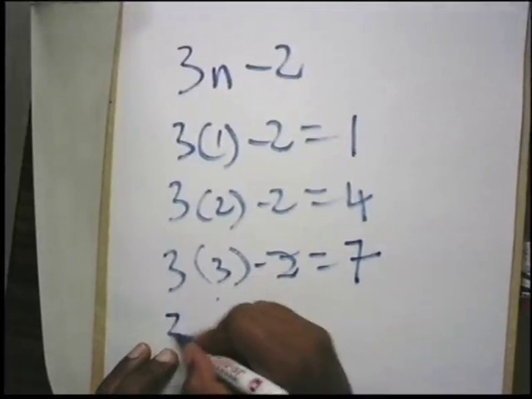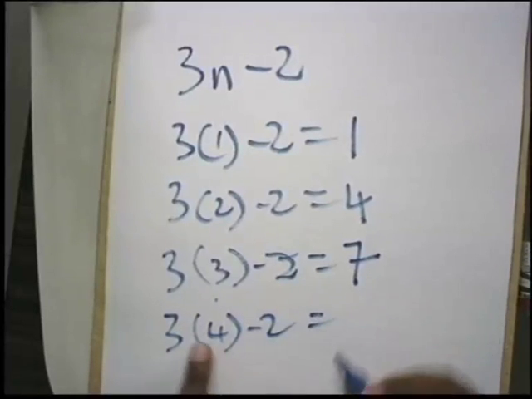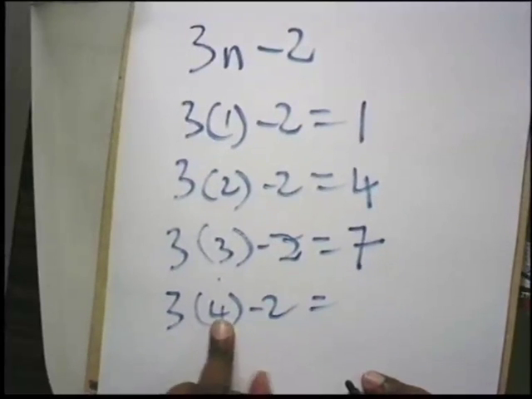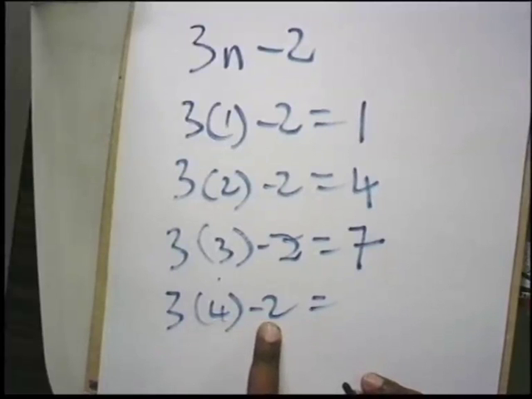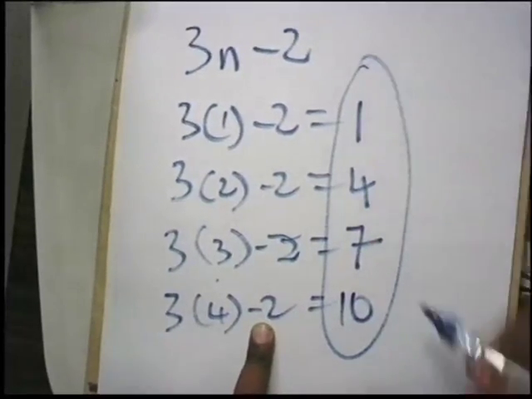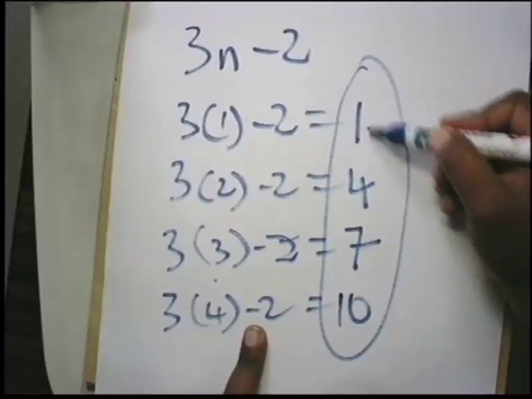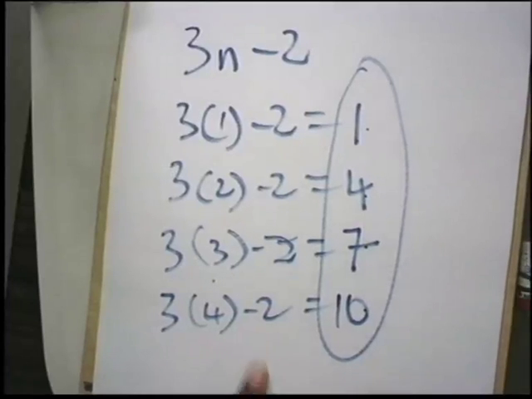Then you put a 4: 3 times 4 is 12, minus 2 is 10. So when you look at this column, you can see that it is what is given to you in that formula: 1, 4, 7, 10, and that is how you get your nth term.